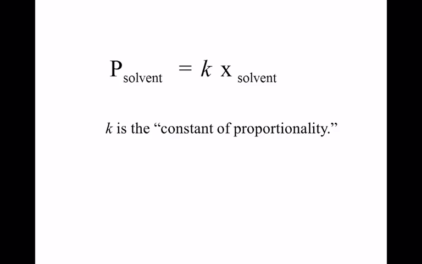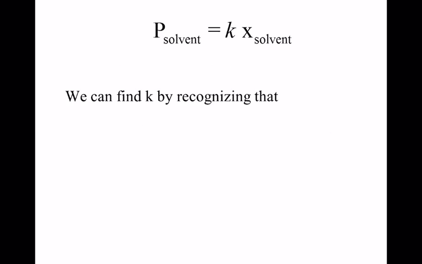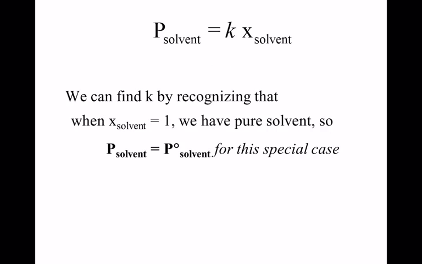And we're actually going to do a little proof, building up to Raoult's law, which is very simple. A little proof to show you what that K value is. If somebody told you that the mole fraction of anything is 1, you'd think, if the mole fraction is 1, that must be a pure substance.